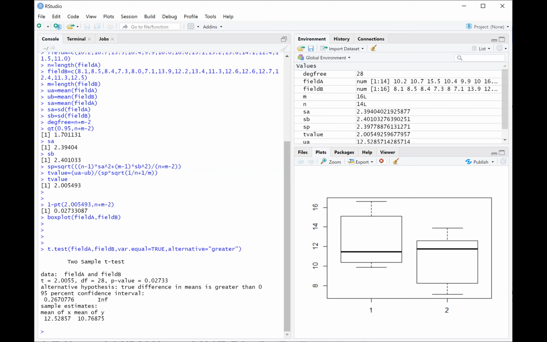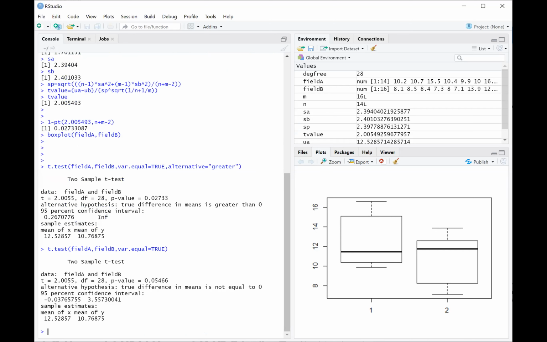You see here that we've got our p-value. Let me circle it for you. Here's our p-value, and here's our degrees of freedom, and here's our critical value that we calculated all earlier by hand. So that's one thing we can do. You could also do a two-sided hypothesis test.